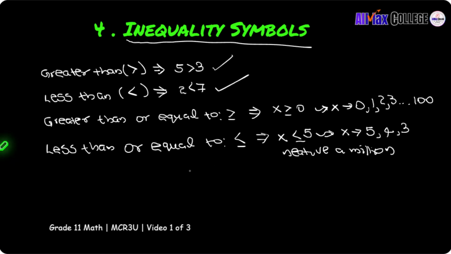So x less than or equal to 5, x can be 5, 4, 3, 2, like that.